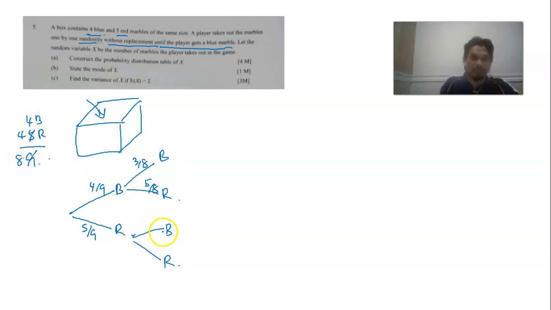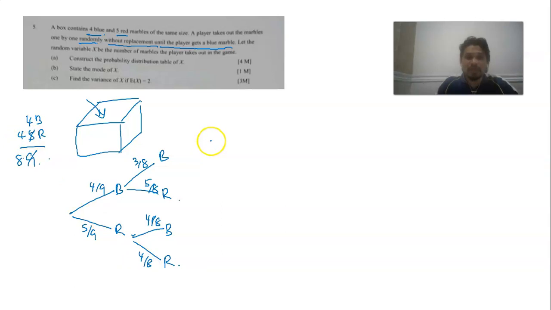So if the second ball is blue, there are 4 blue balls and the total is 8, which is 4 over 8. If the first ball is red and the second ball is also red, the red balls go from 5 to 4, so it's 4 over 8.